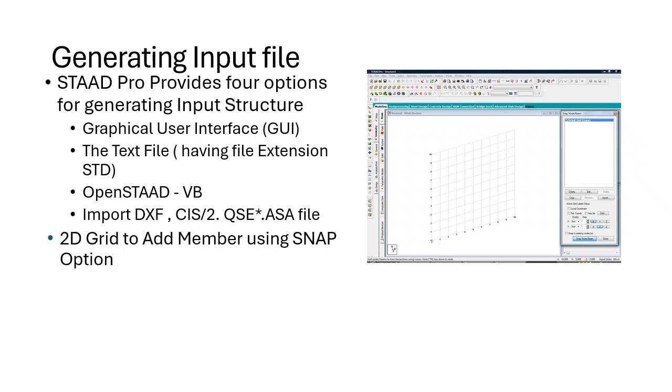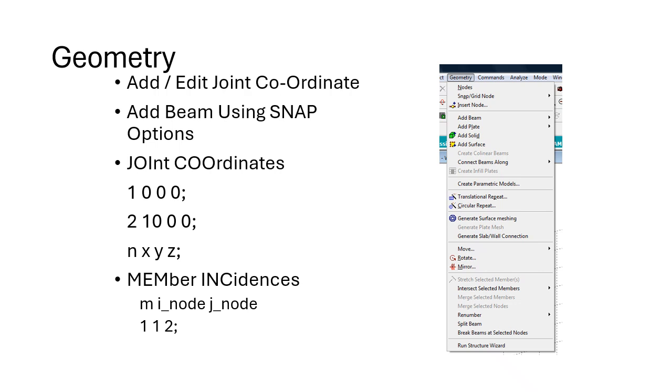We can tell the software to create a grid line and grid plane for me, so we can snap our joints to the grid intersections.